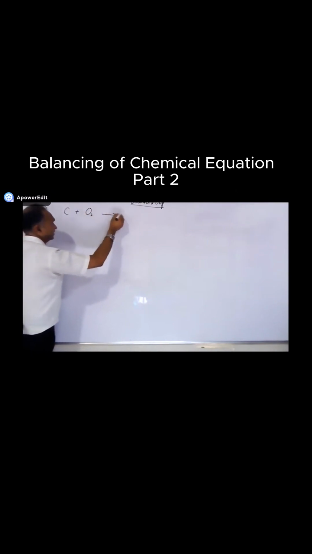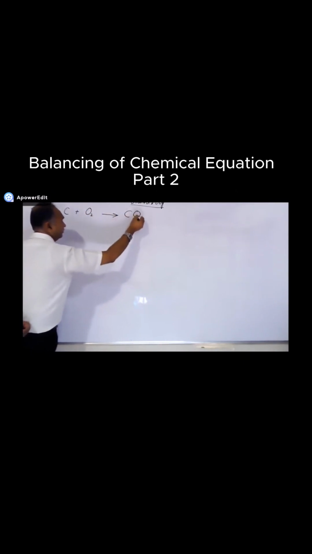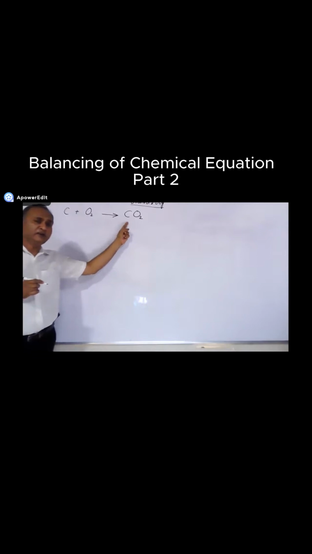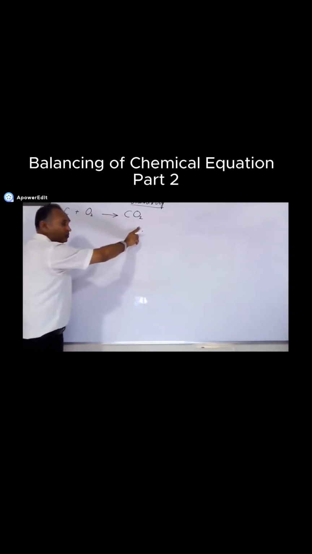Where we ended yesterday, we had the carbon dioxide reaction. I was asking you about this one. How many carbons on left? Just one. How many carbons on right? Just one. So carbons are balanced over here. How many oxygen on left side? Two. How many oxygen on right hand side? Two. So everything is balanced here.